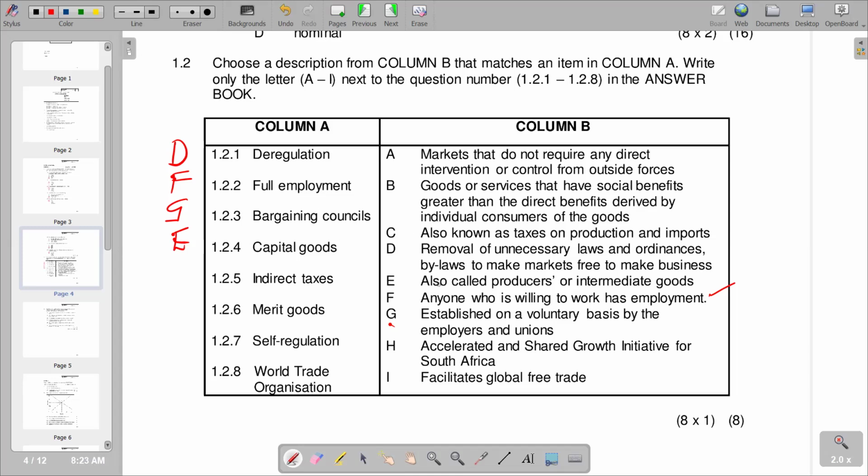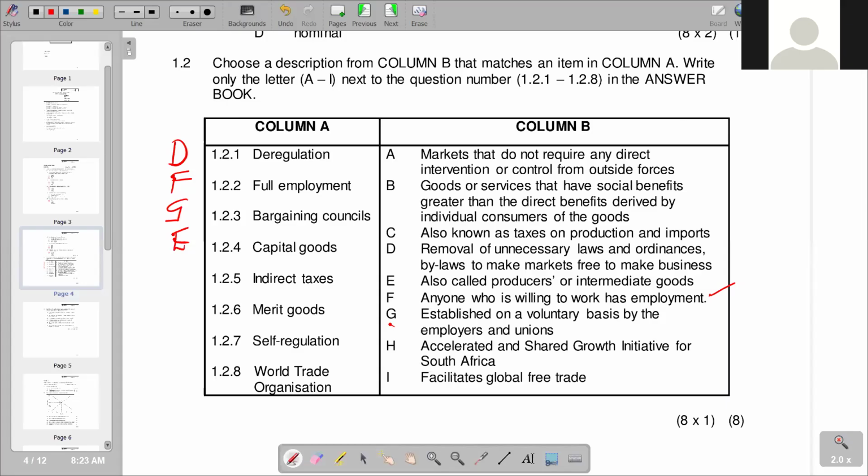So we try to look at the explanation. We are saying we are still working on 1.2.5, and they're saying the appropriate response that we have there is C, also known as tax on production and imports.